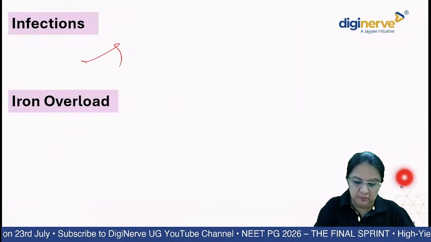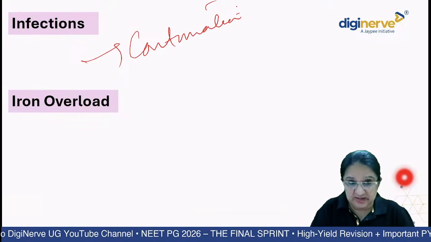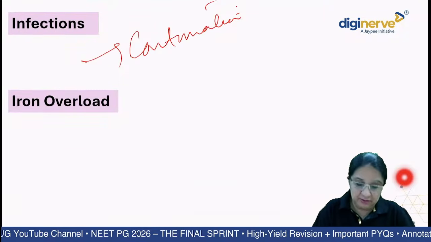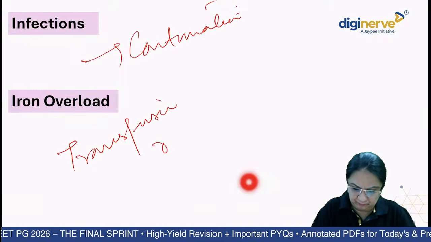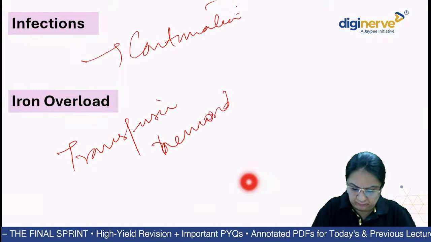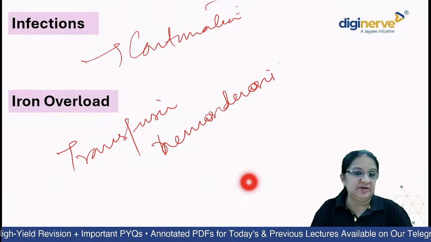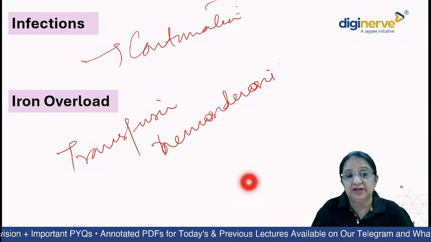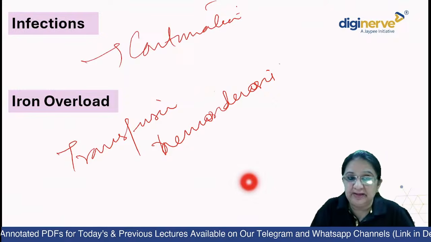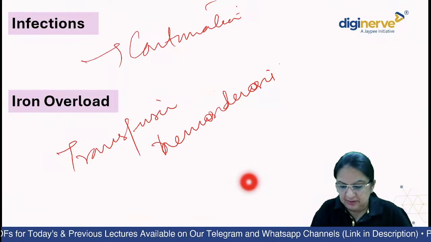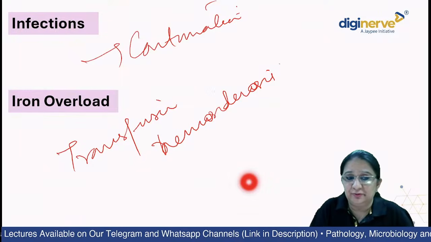Infections: the most common cause is contamination of the blood product. Screening is very important. Iron overload, transfusion hemosiderosis: just now we spoke about it when we were talking about thalassemia. Thalassemia patients usually get iron overload, secondary hemochromatosis, because of repeated multiple blood transfusions. Please note, iron overload is very difficult to attain. Why?